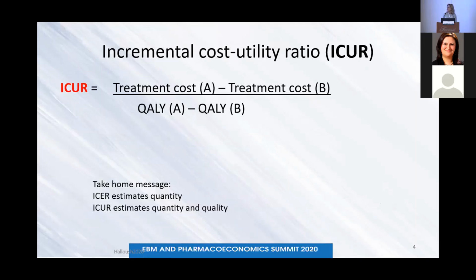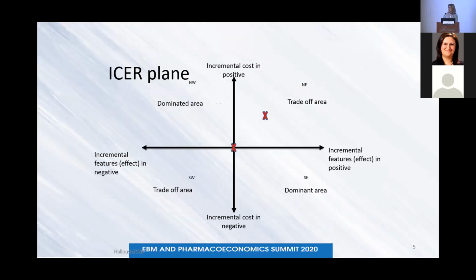So for instance, in ICER, the effect, for example, we can take the number of patient cases, or the amount of blood pressure decrease, or even the life years gained. While quality has both, it consists of the length of years and the quality of life. But both of these are used interchangeably, actually, in the literature.